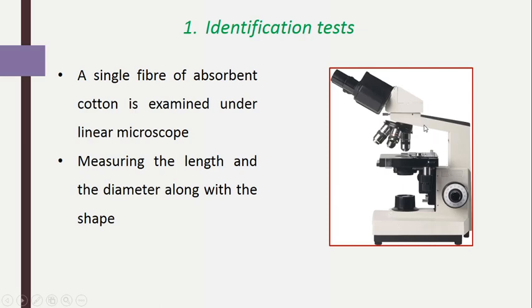By using this microscope, a single fiber is examined for the measurement of its length and diameter along with its shape. So by using this microscope, the absorbent cotton is identified.